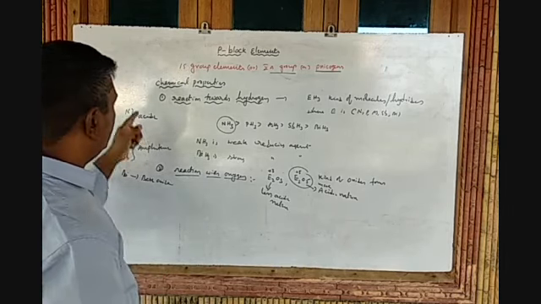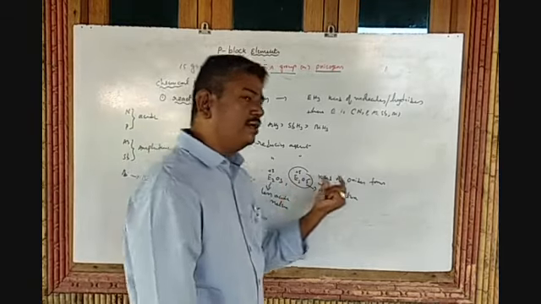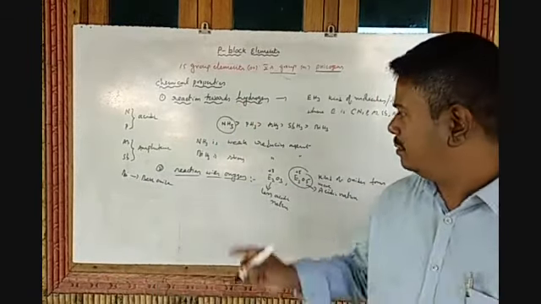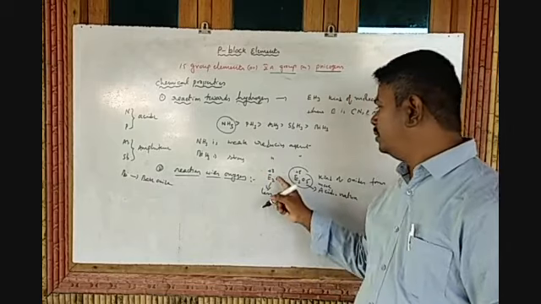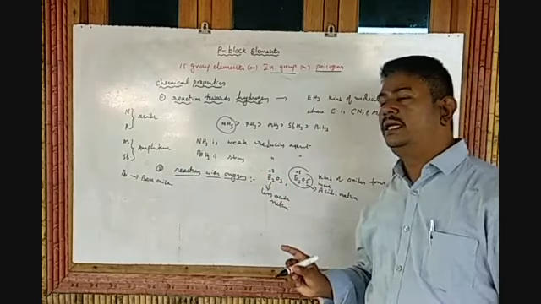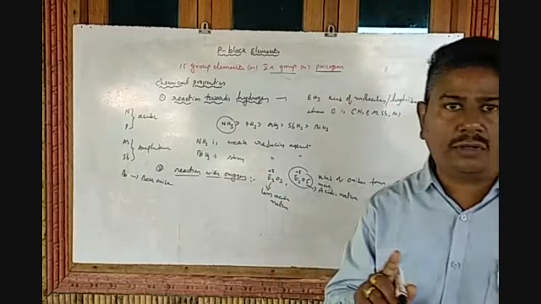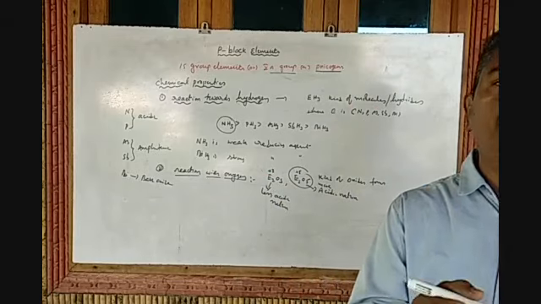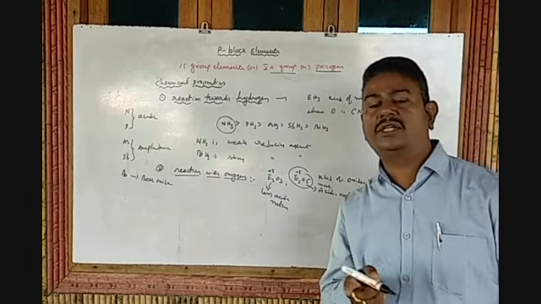Clear? So these two kinds of oxides formed by the group elements, E2O3 and E2O5, the ones with the higher oxidation state are more acidic than the lower oxidation state oxides.